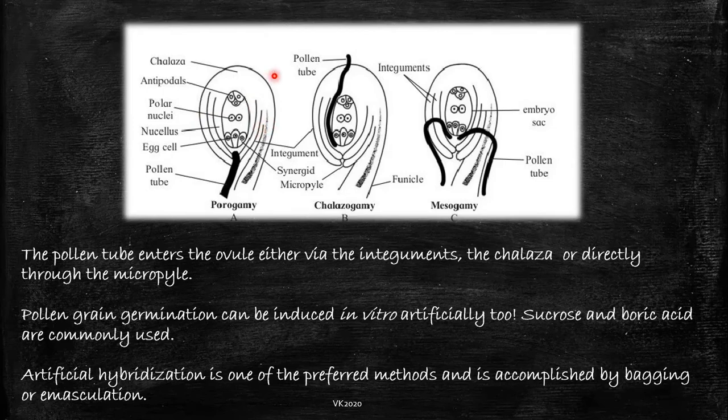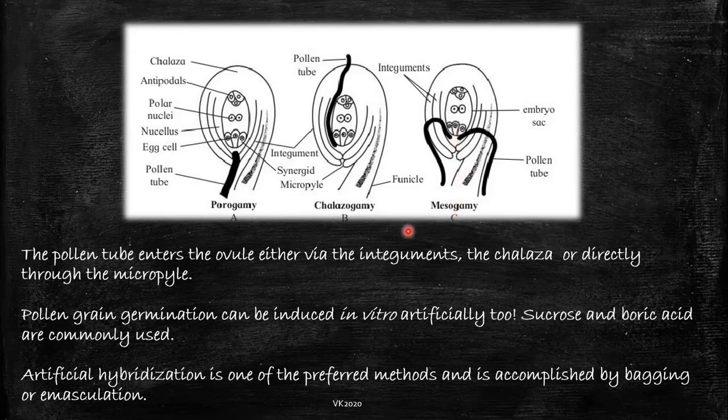If a pollen grain germinates and the pollen tube enters through the micropyle, it is known as porogamy. If the pollen tube pierces the chalaza and enters the ovule, it is known as chalazogamy. And if the pollen tube penetrates the integuments and then enters the ovule, it is known as mesogamy.